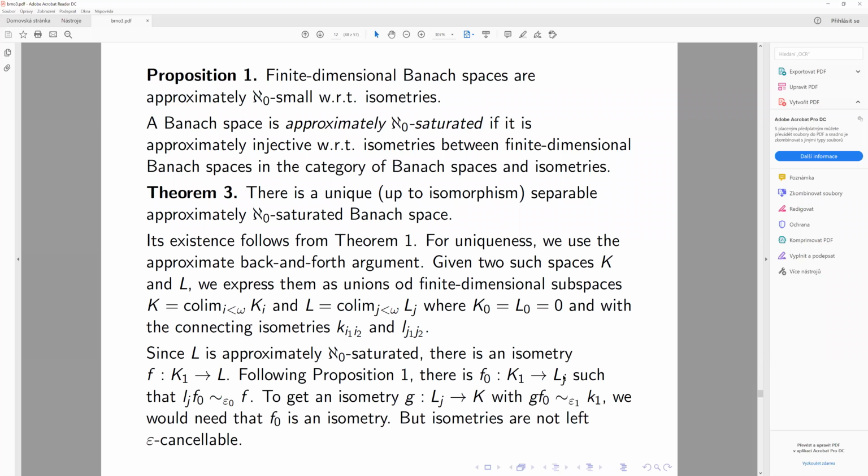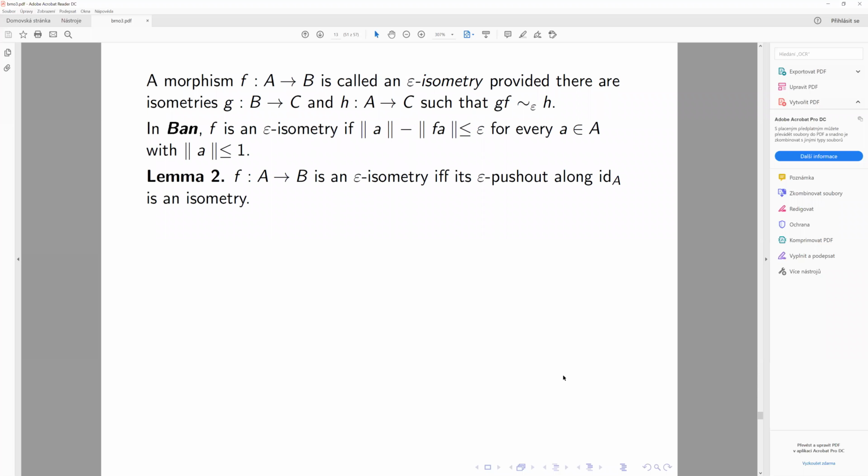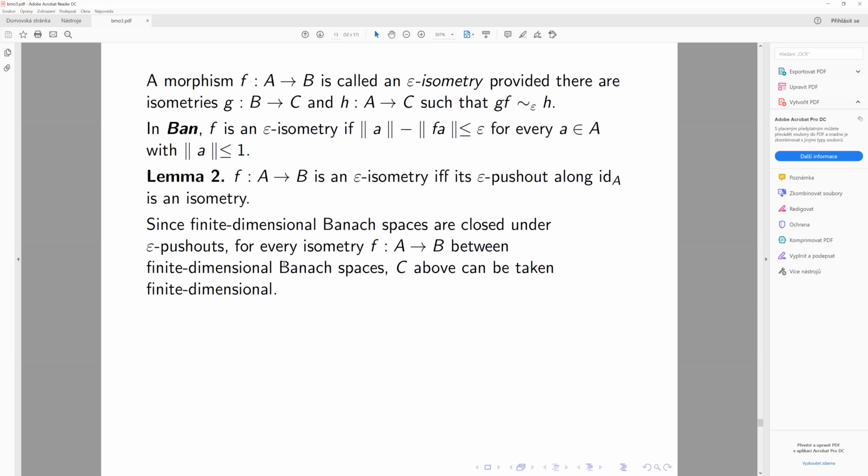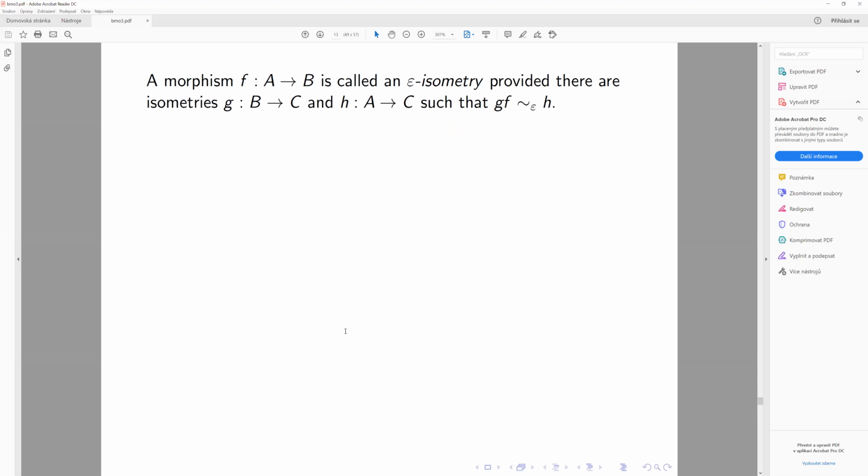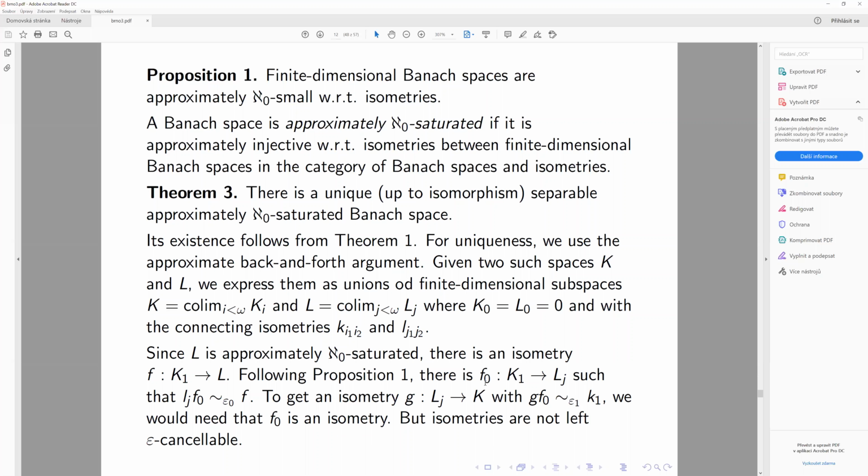Which means that in this way I can take this C, improving it to the finite dimensional, and using this I can extend this F0, which is bad, to something which is good, and use injectivity to get factorization from this bad one.